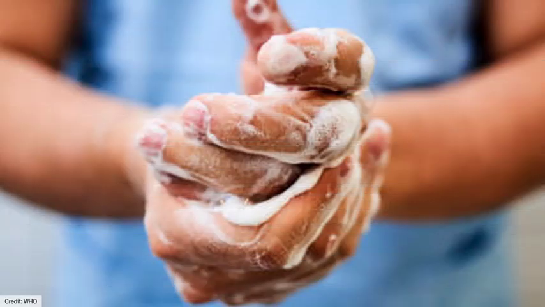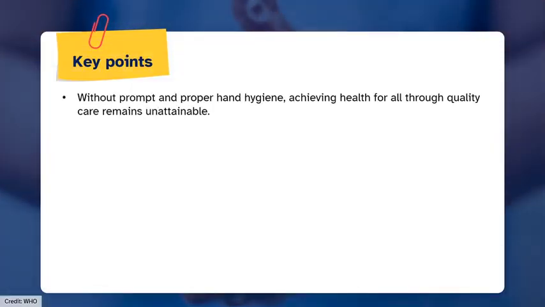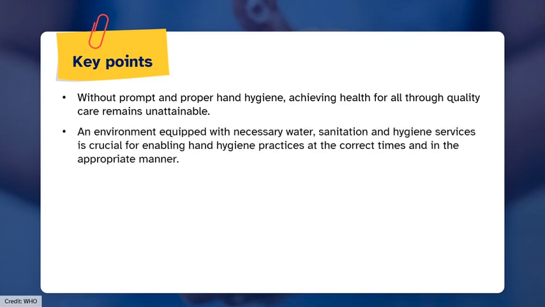You have reached the end of this module. Essential points to take away are as follows. Without prompt and proper hand hygiene, achieving health for all through quality care remains unattainable. An environment equipped with necessary water, sanitation, and hygiene services is crucial for enabling hand hygiene practices at the correct times and in the appropriate manner.